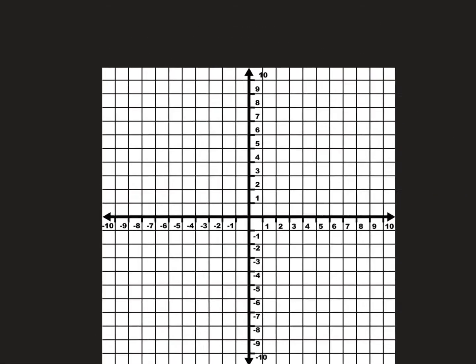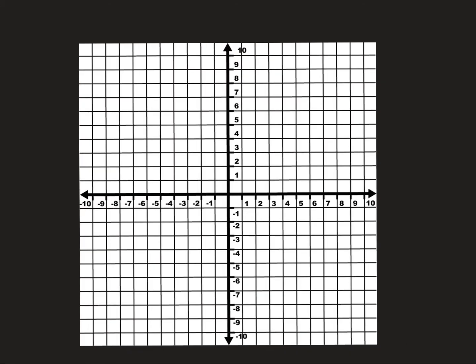Now, let's practice some of these on the coordinate graph that you have on your desk. Those of you that are home, I will post a copy that you can print off and use, or you can get them online to practice, or draw them on graph paper. Remember, let's review quickly. This is our x-axis.